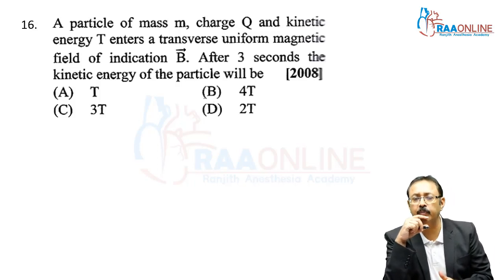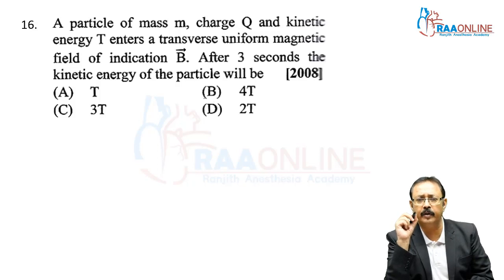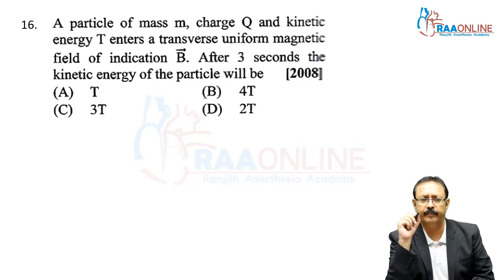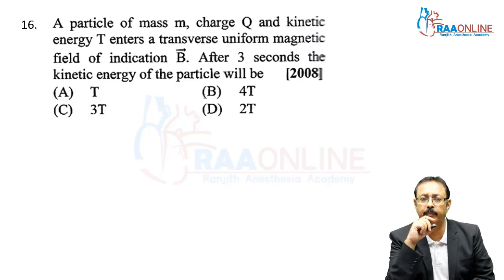Next, it is from 2008 AIPMT. A particle of mass m, charge q and kinetic energy T enters perpendicularly in a magnetic field B. After 3 seconds, the kinetic energy of that particle will be.